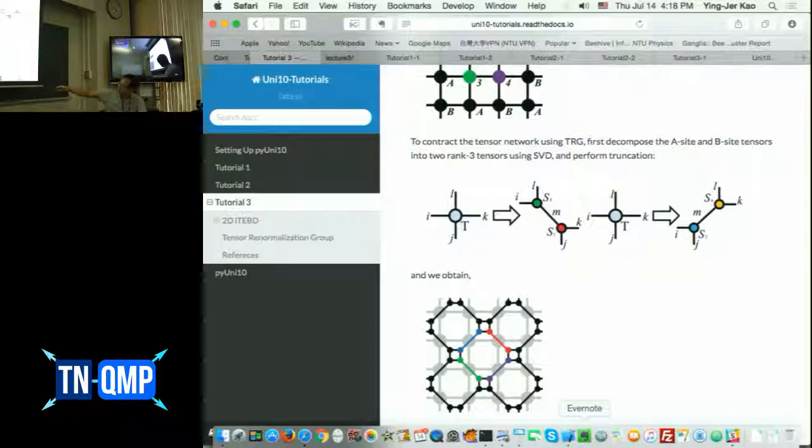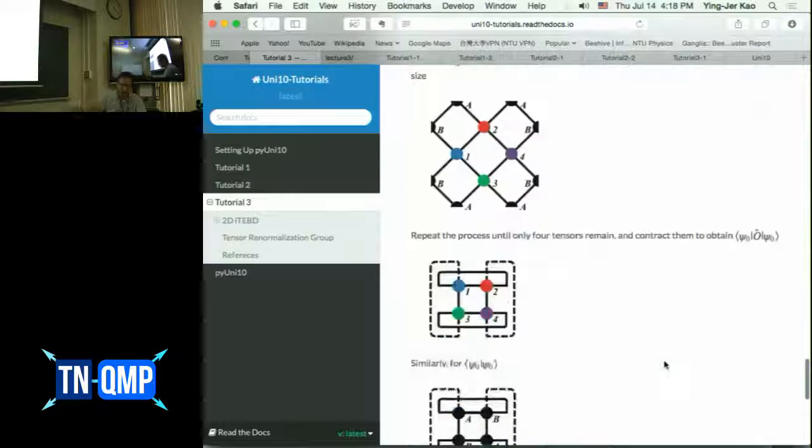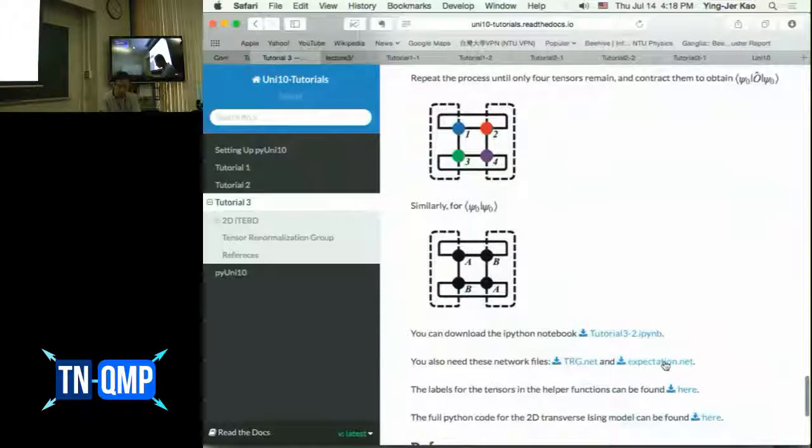Then you contract this part exactly, you have a tensor network like this, and you keep going until you have only 4 tensors left. You contract them exactly.